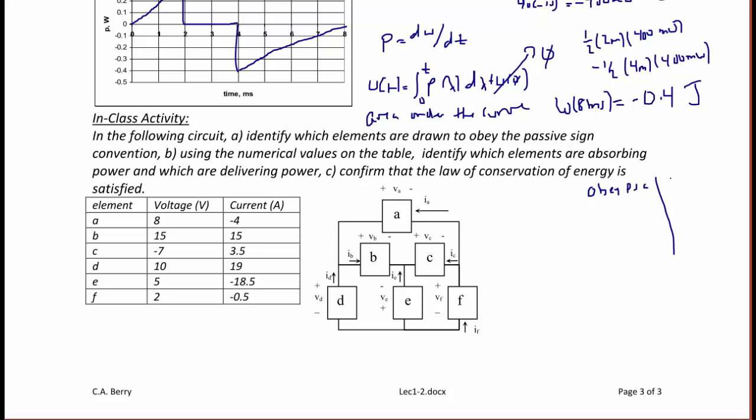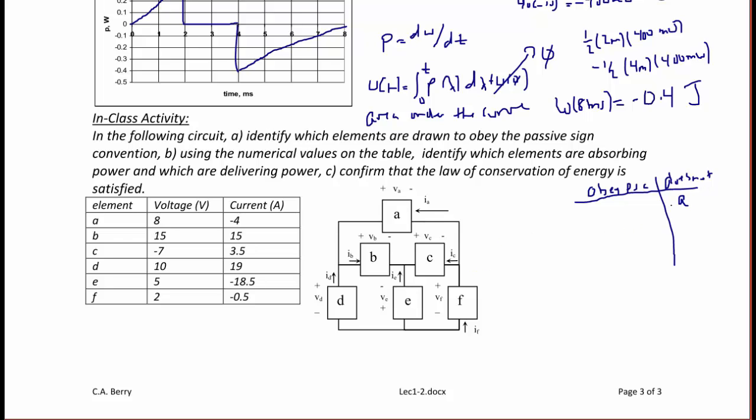Remember, an element does not obey the passive sign convention if it is not drawn to be a voltage drop. So if we look at this table, the current goes from the negative to the positive for A, so A does not obey the passive sign convention.